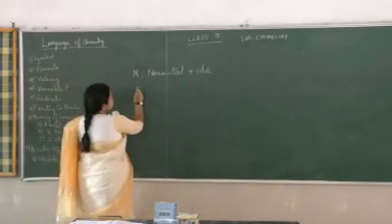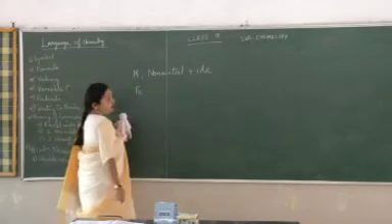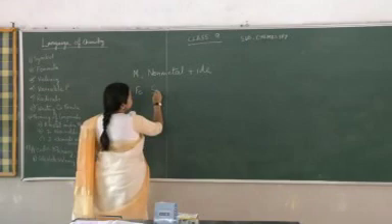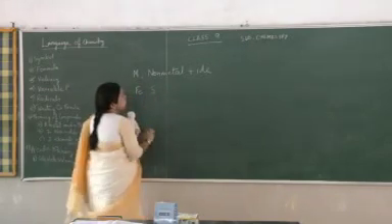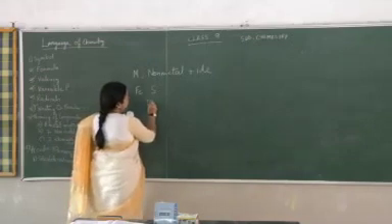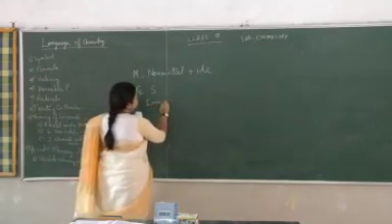Suppose the metal is Fe, iron, and the non-metal is S. So when we are writing it in a combination, what will we write? Iron sulfide.